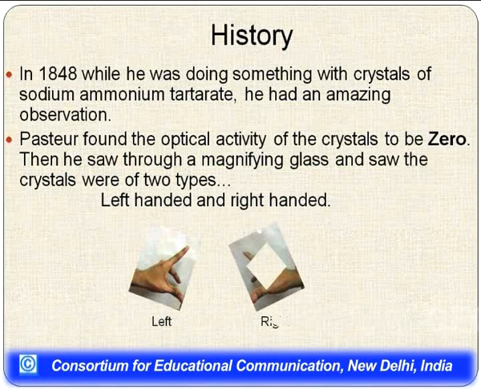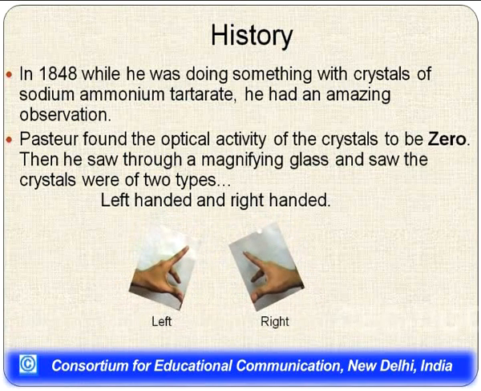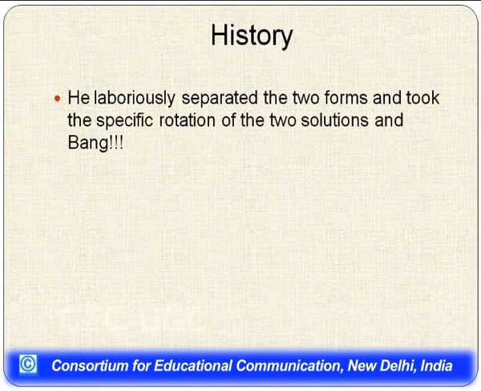You can see on the slide that there are two kinds of crystals he explained. What I have made is left handed and right handed. So exactly what was happening was that there were two types of crystals appearing. I have made left hand and right hand combinations, and those left handed and right handed crystals were present, and he separated those two forms and took the specific rotation of the two different solutions.